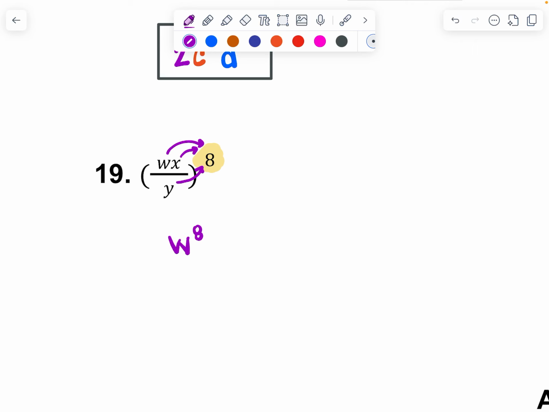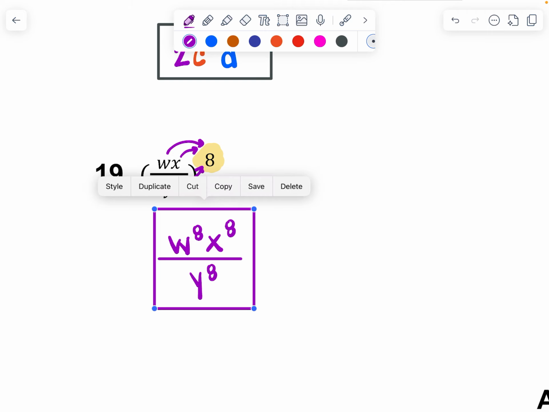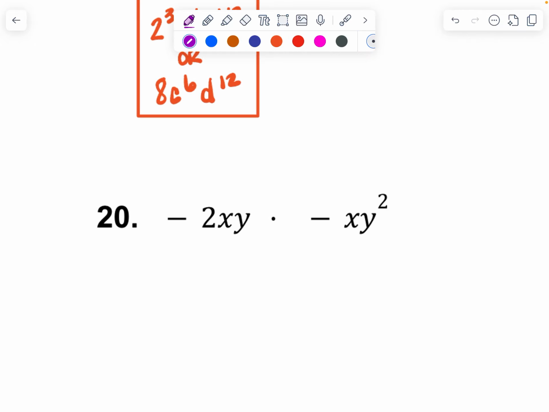So this is simply going to be rewritten as w to the 8th, x to the 8th, all divided by y to the 8th. And that's your final answer, because I don't have any other w's, x's, and y's to merge together. But we did get rid of the parentheses, and that's what simplify means. Simplify means to get rid of all the parentheses and merge all of your like bases together. So it's the same steps every time.